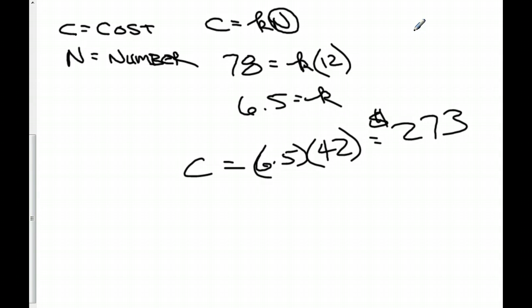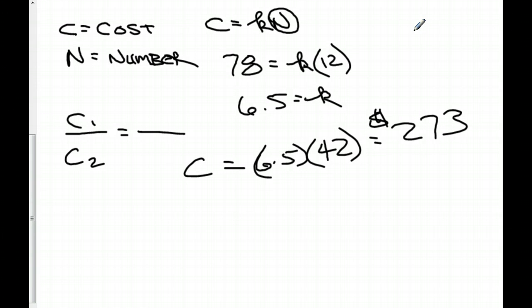Okay. If I were to use the other method, the ratio method, let's write the formula first, and then we'll do that.